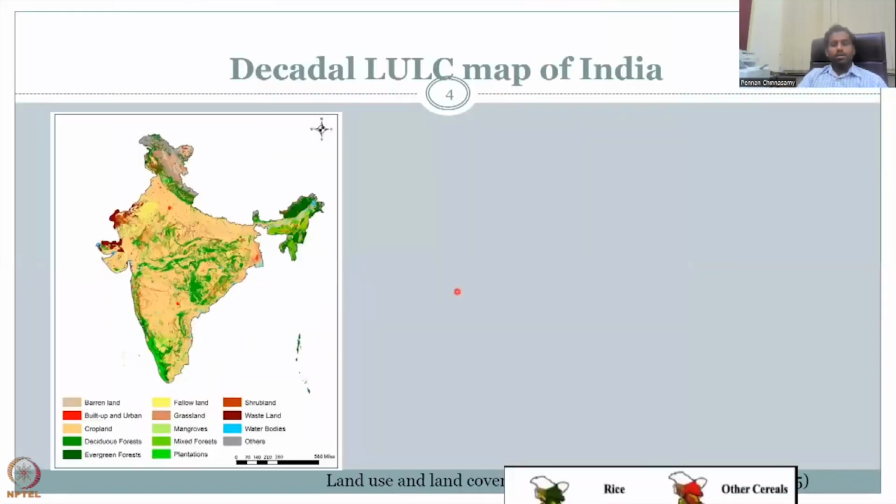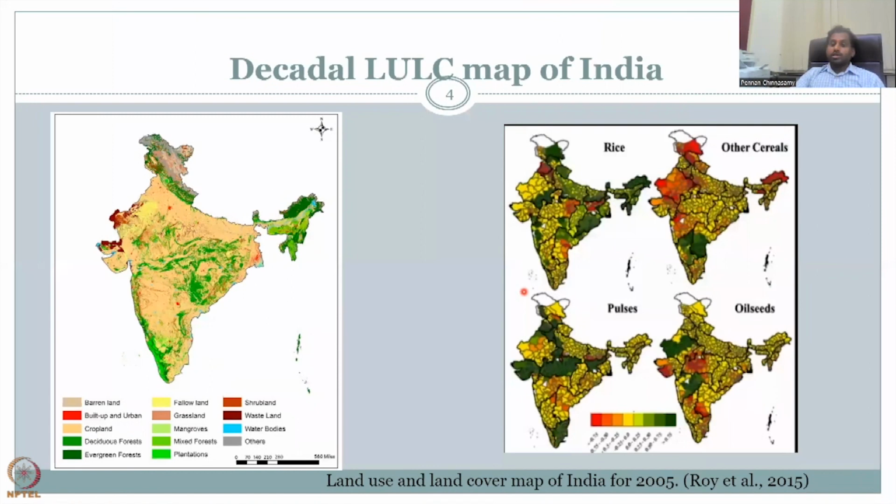Okay. So let's look at what the land has been used for. It has been used for rice production, other cereals, pulses, and oilseeds. So this is a spread of land use land cover across India. The top Kashmir parts do not have much agriculture because of the Himalayan region.